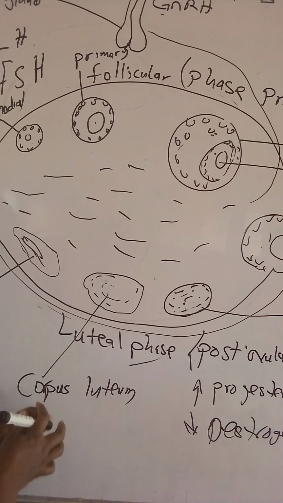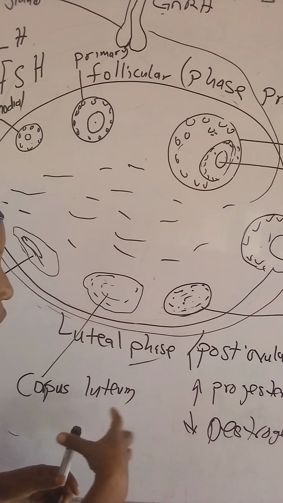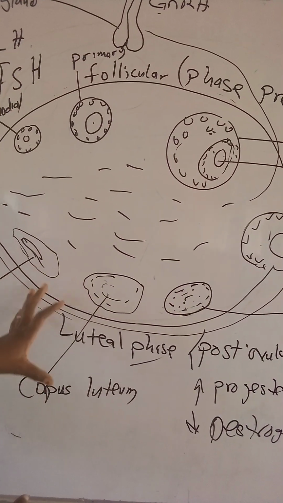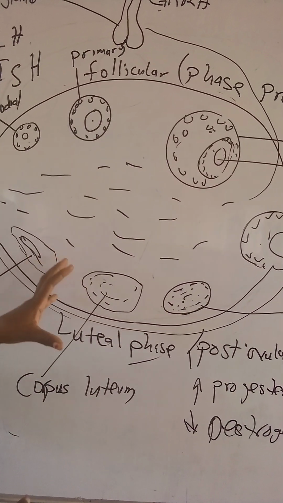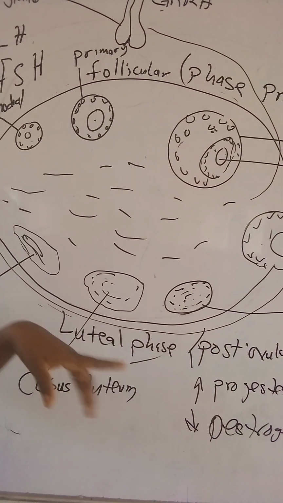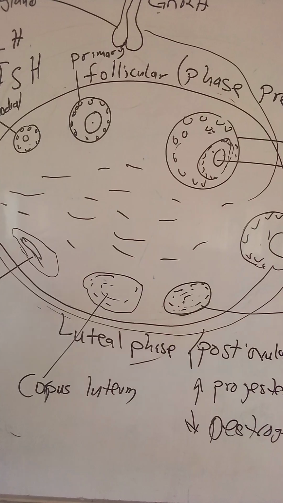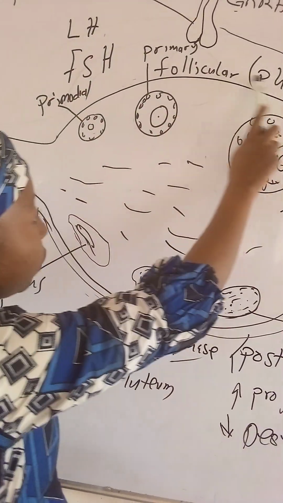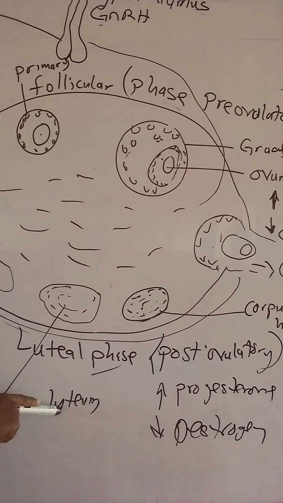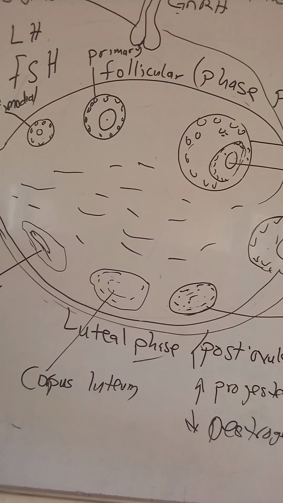Then immediately after the secretory phase is completed, once the hormonal level of progesterone drops, then the menstrual cycle will commence. So we have the pre-ovulatory phase here, we have ovulation, then we have the secretory phase, and then we have the menstrual phase.